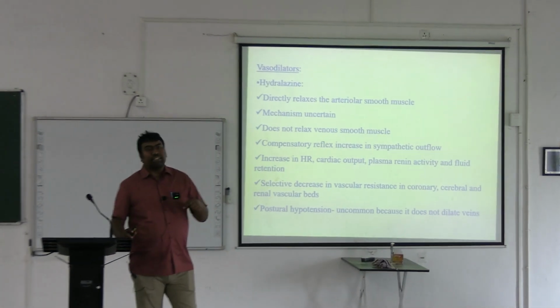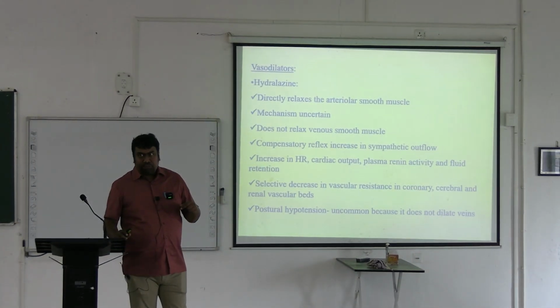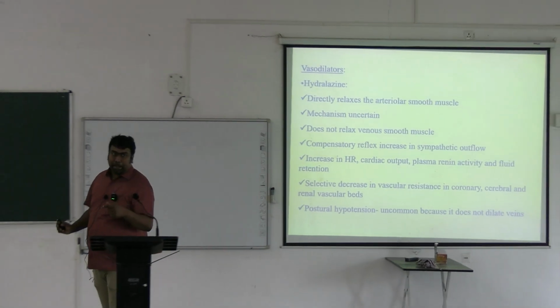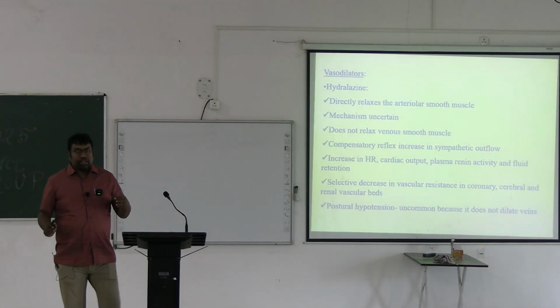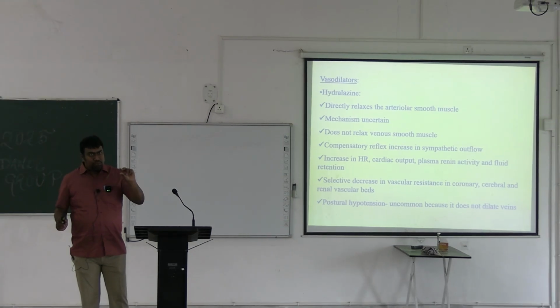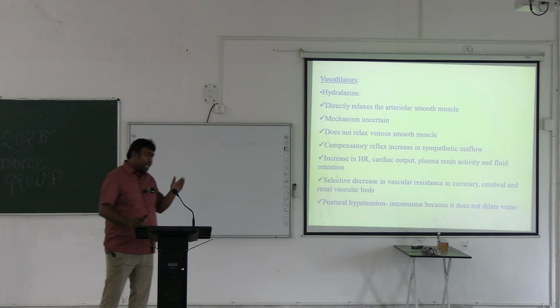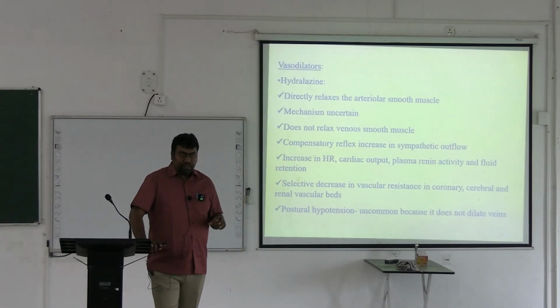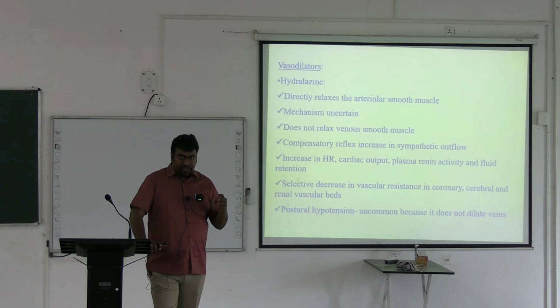There will be a reflex tachycardia. Reflex tachycardia, what is the difficulty? It can, for a short time, increase the blood pressure, and more than that, it can increase ischemia. Oxygen demand in the heart will be high.